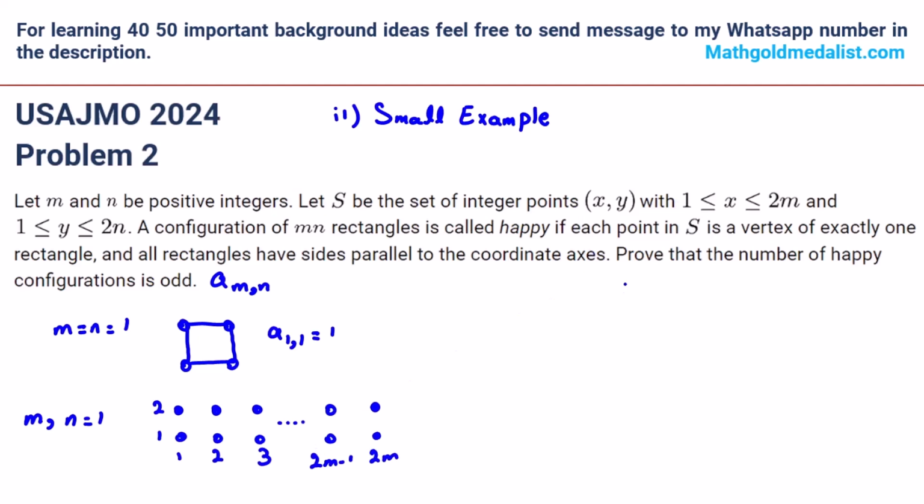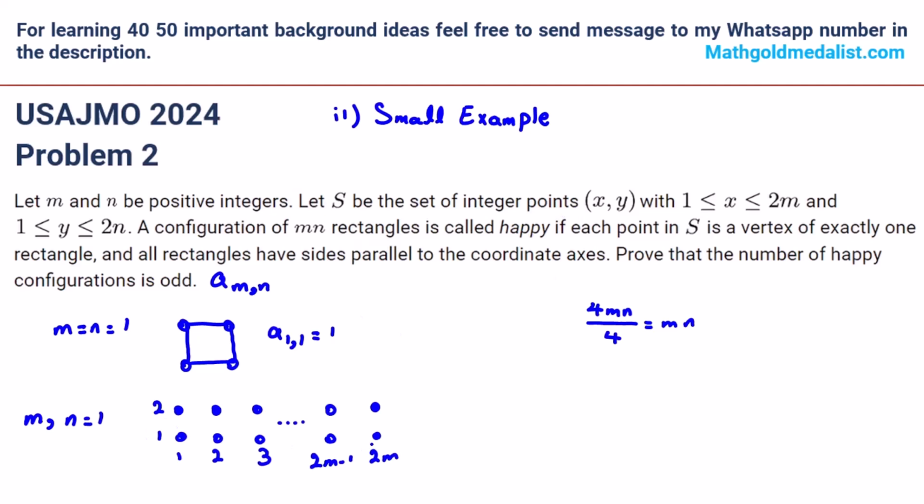And let me tell you, in general, we have how many points? 4mn. And each rectangle should cover 4 of them, so we have mn rectangles. That's the reason it says mn rectangles. So each rectangle has exactly 4 vertices between them.